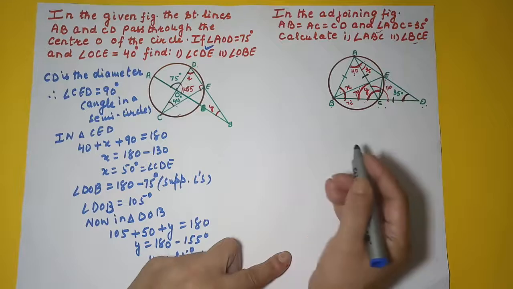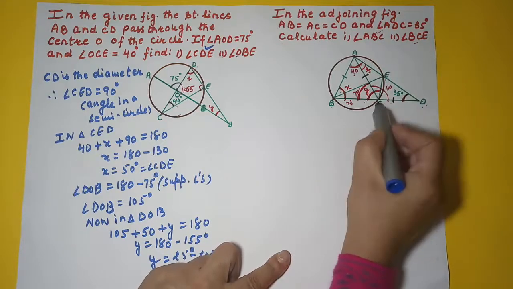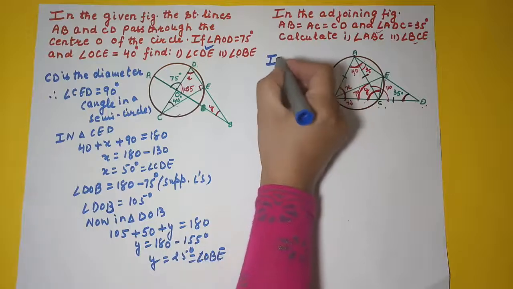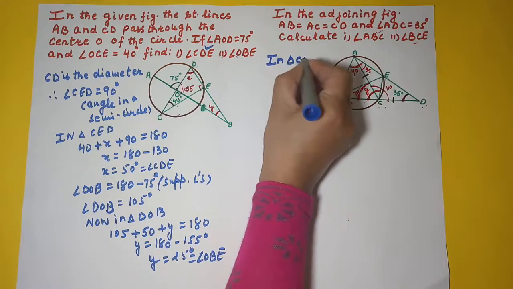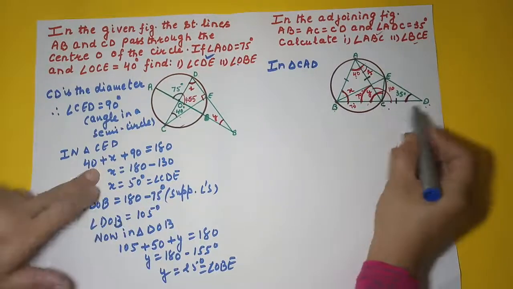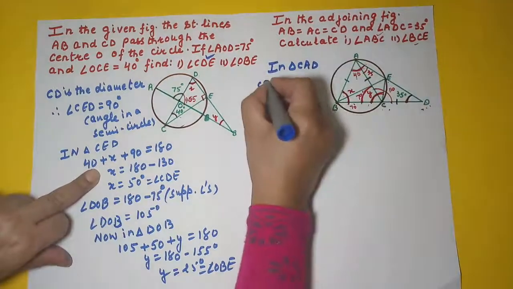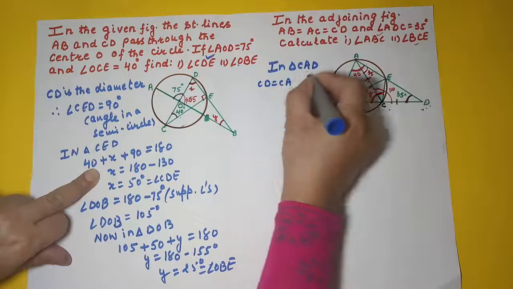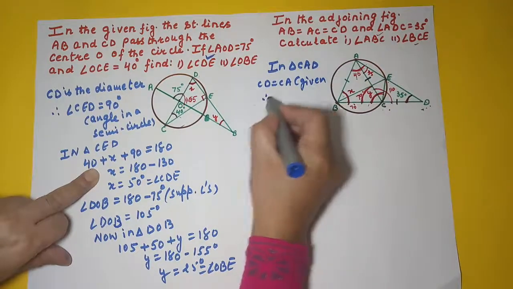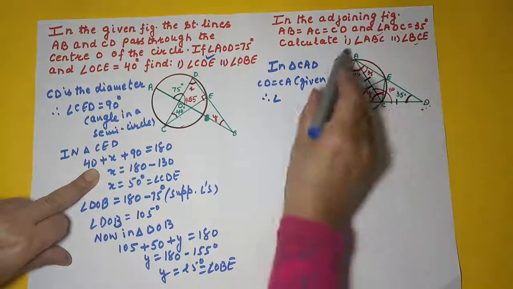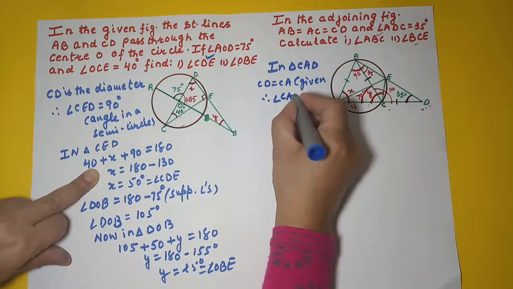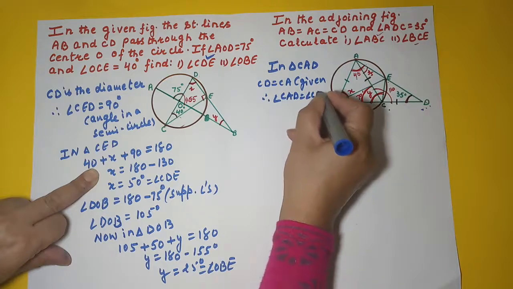So first we will take triangle CAD. We will write in triangle CAD, CD is equal to CA. Why? Because that is given, right? Therefore, angle CAD will be equal to angle CDA.